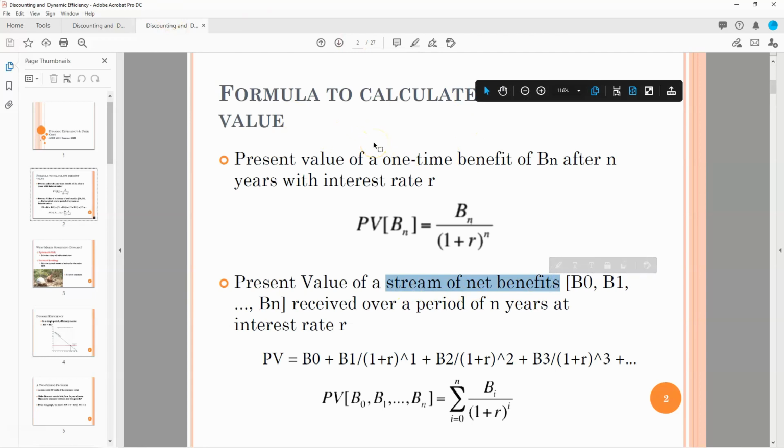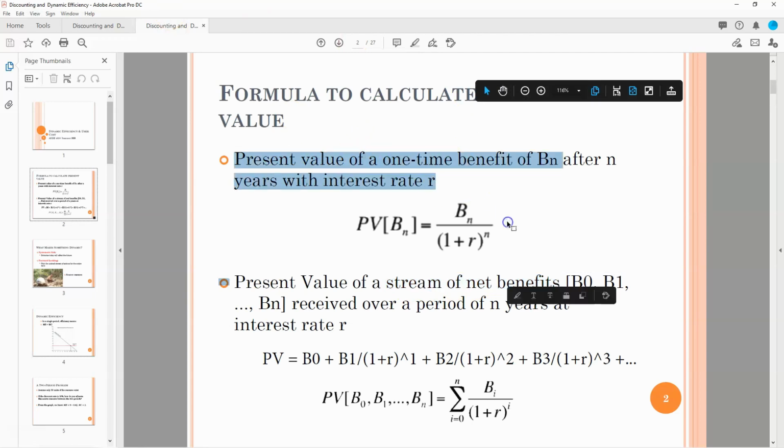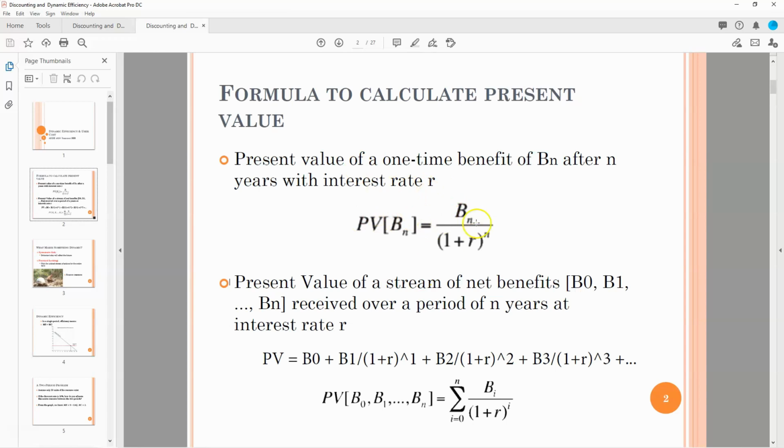So make sure you can tell the difference between those two equations. For the first one, you just receive a one-time benefit after n years, and then you calculate the present value of this one-time benefit. For the second one, you receive a stream of net benefits over n years, and then you calculate the present value of this stream of net benefits.